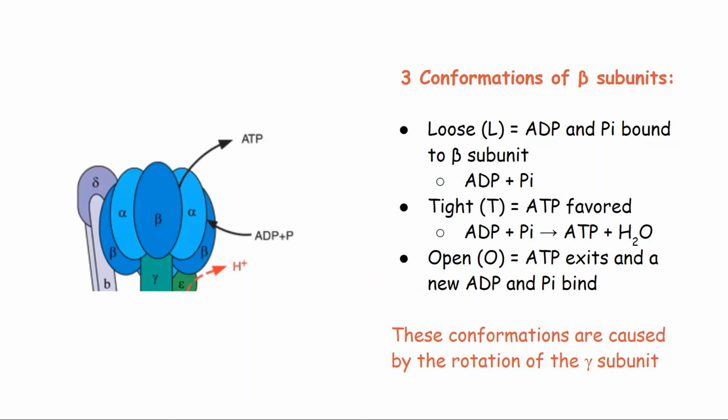In the tight conformation, ATP is favored, which is unique for an enzyme because usually they favor the transition state. But because the creation of ATP is an unfavorable reaction, it needs to be a different kind of enzyme. So the open conformation is the conformation in which ATP exits the beta subunit and a new ADP and phosphate bind.